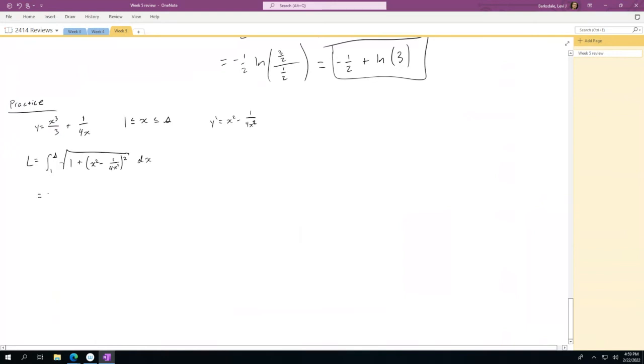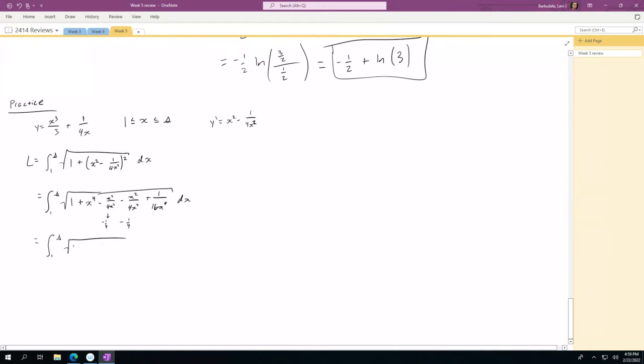Now we're going to go ahead and FOIL this out. 1 plus x squared gets us x to the 4th. Here we have minus x squared over 4x squared, minus x squared over 4x squared, plus 1 over 16x to the 4th. You'll notice that both of these terms are each 1/4.